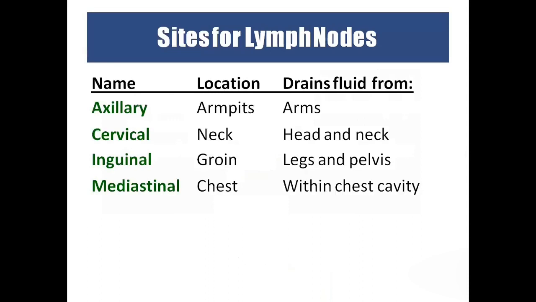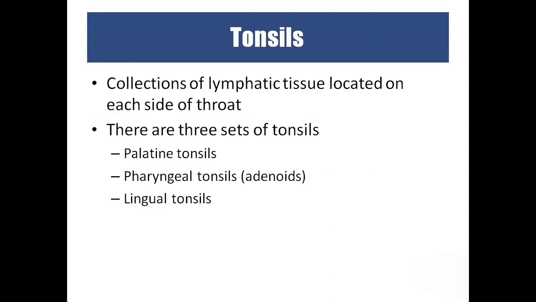So coming to the sites of lymphatic nodes, where most of the lymphatic nodes are concentrated: axillary, which means armpit; cervical, which is the neck region; inguinal, which is the groin; mediastinal, the chest region. And tonsils. Tonsils are lymphatic tissue located nearby the throat, nearby the pharyngeal region.